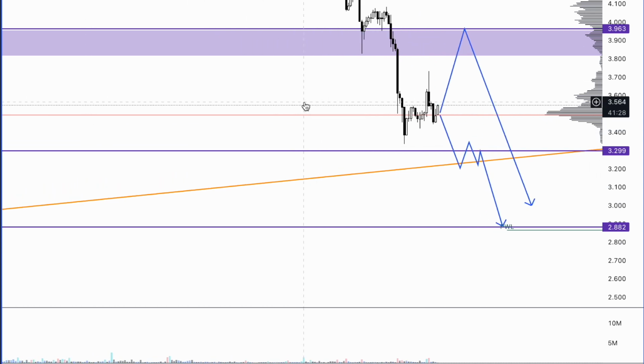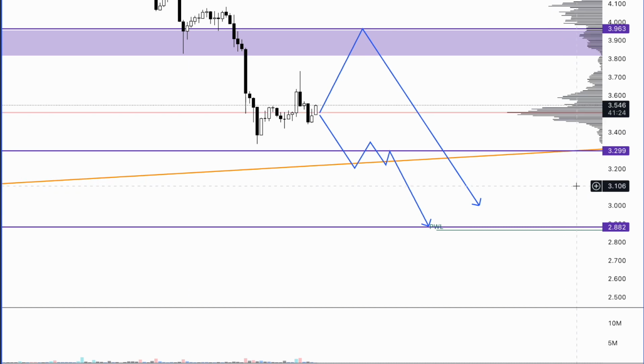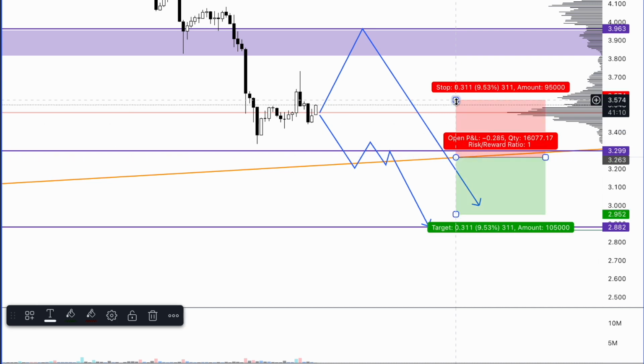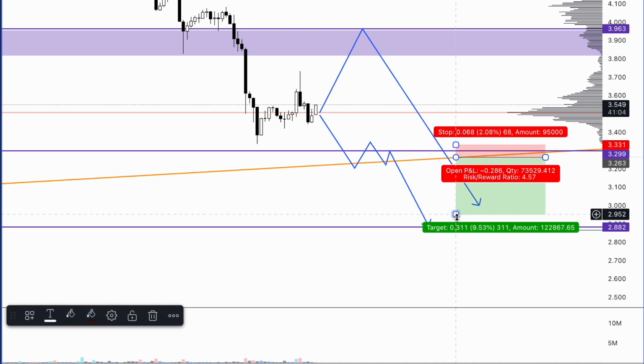And when you look at these things, I've already noticed there's a significant level at like 3.1. So what I would do here is, let's see, entry would be somewhere around here maybe, and validation would be somewhere around there.